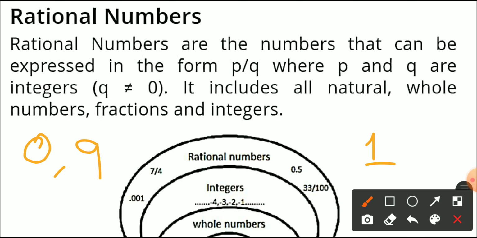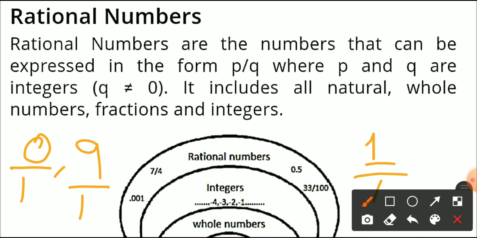Am I correct? Yes or no? We don't have any denominators here. So in that condition, why are we including them in rational numbers? The reason is, if a number does not contain any denominator, we write 1 at the denominator place. Yes or no? We already learned this in the fraction chapter. If we don't have any denominator, it means in the denominator we have 1.